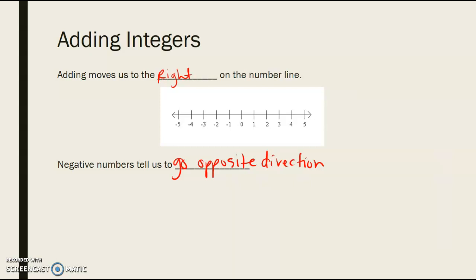So if we have something like negative 2 plus 6. This number here, this is our starting number. This is the direction we are moving.